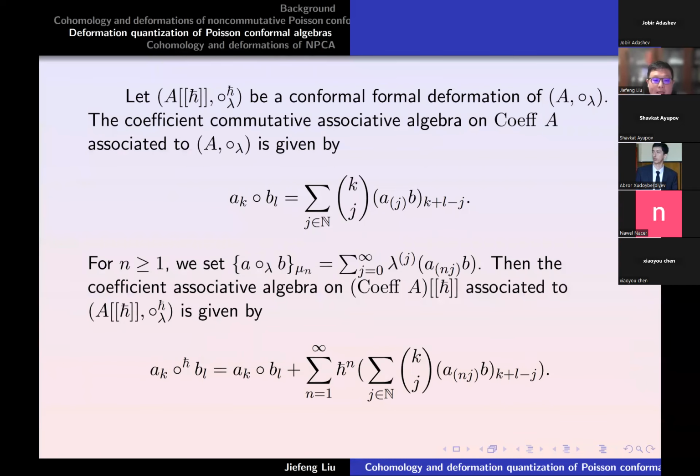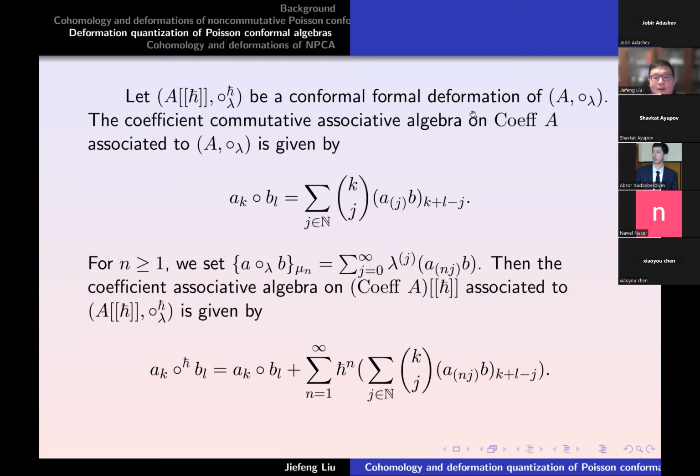In the following, we study the deformation of associative conformal algebra and the deformation of classical algebra through the coefficient algebra.